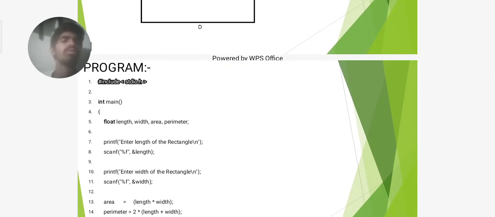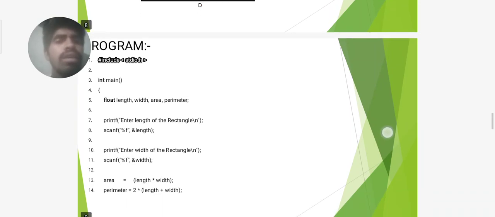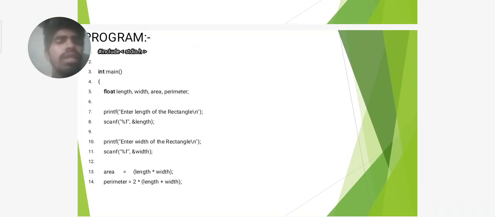Now we need to observe the program. This is very important in the C language, how to solve and check our condition. First we include #include <stdio.h>, then int main. Next we declare float length, width, area, perimeter, because we are finding the area and perimeter.